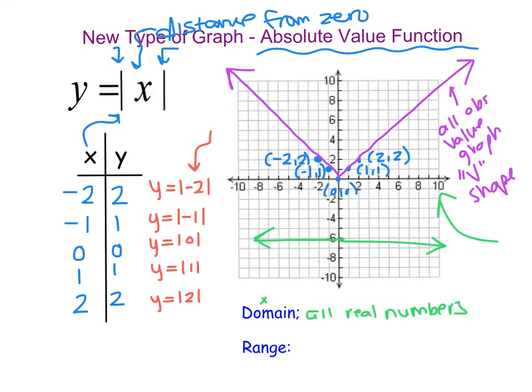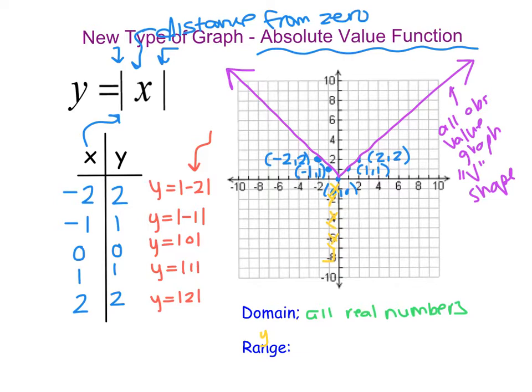Then if I pause for a second and look at my range, remember your range are all of the y values that you're using to make points on your graph. So range are our y values. What I notice here is that the y values I need don't consist of all of these negative numbers. I don't need any of these down here. My graph doesn't come down here at all. So I don't need any of those y values down there.